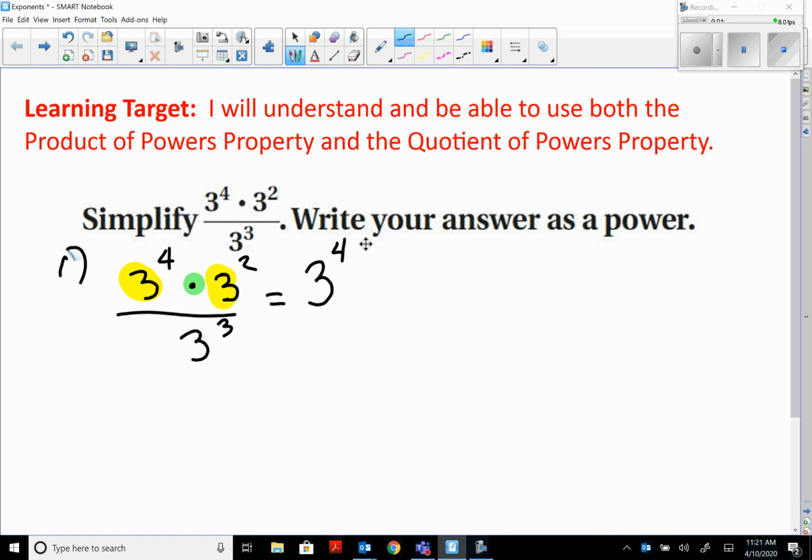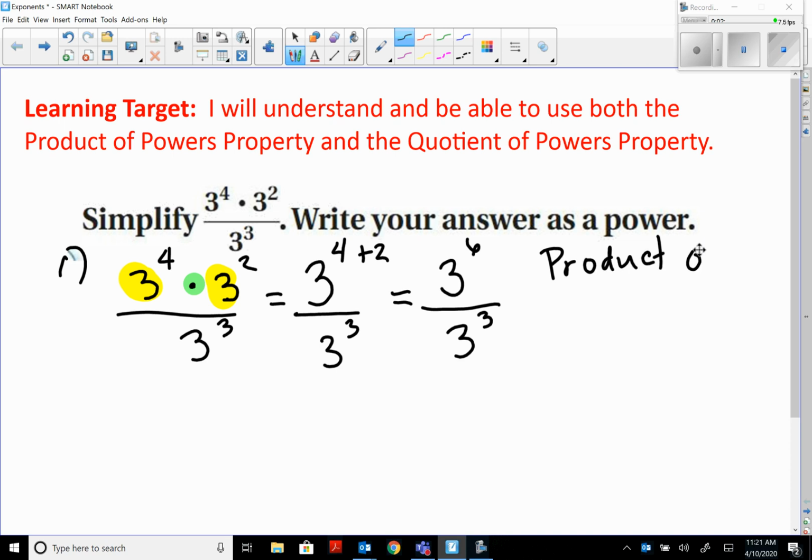So 3 to the power of 4 plus 2. And we all know that 4 plus 2 is 6. So step 1, I simplified the numerator and rewrote it as 3 to the 6th power, and I keep the denominator as 3 to the 3rd power. So what I just did was the product of powers property.